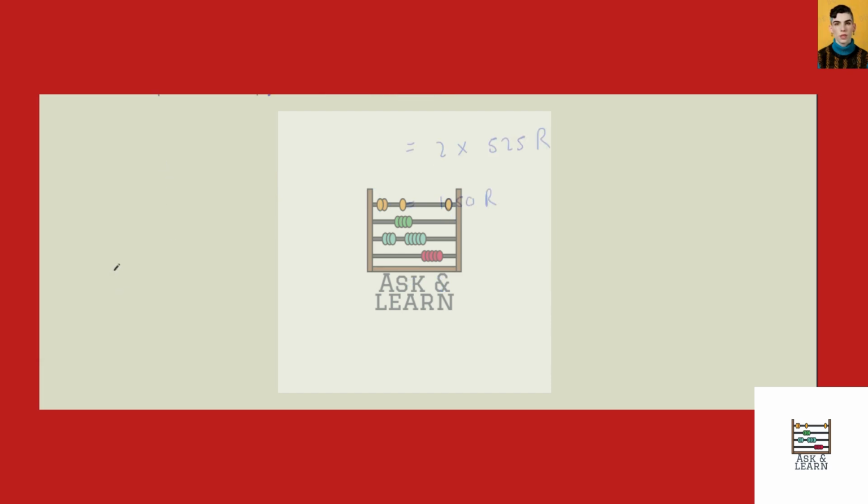Now the internal energies. U1 is equal to U from our tables at 525 R, which is 89.48 kilojoules per kg.